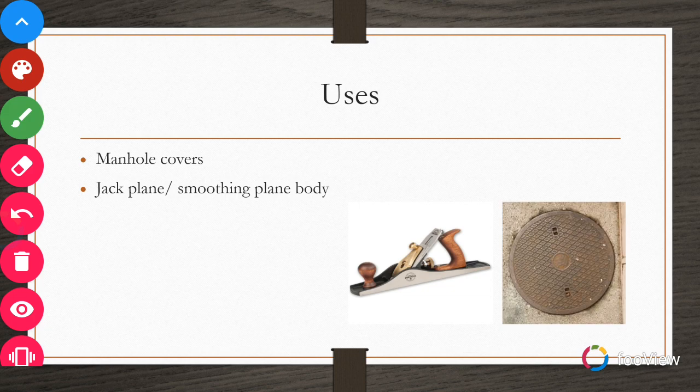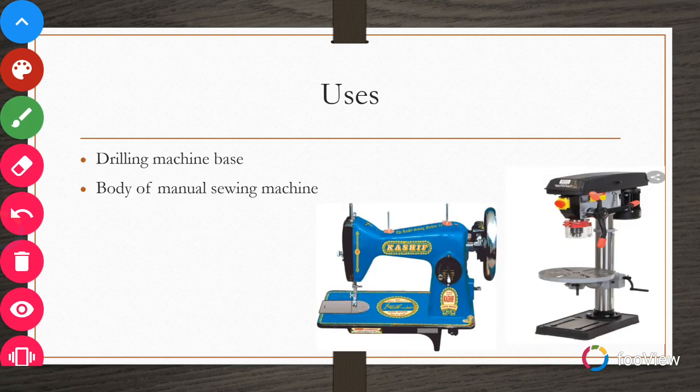We also use the cast iron to manufacture the jack plane or the smoothing plane, which is also used by woodworkers, as you can see. The base of a drill machine is also made from cast iron, as you can see in your picture here on the right.